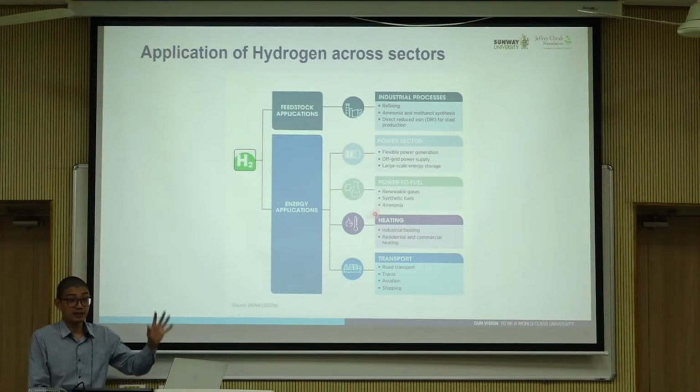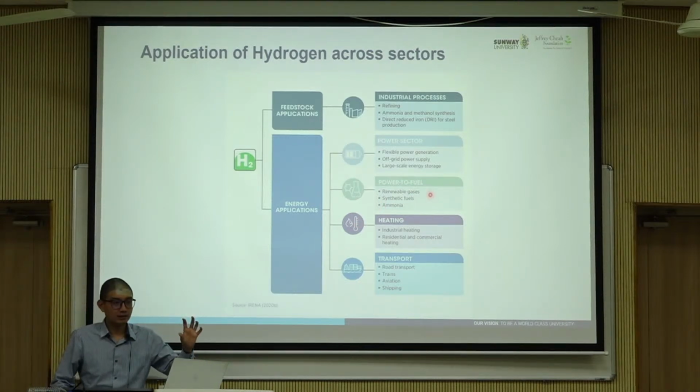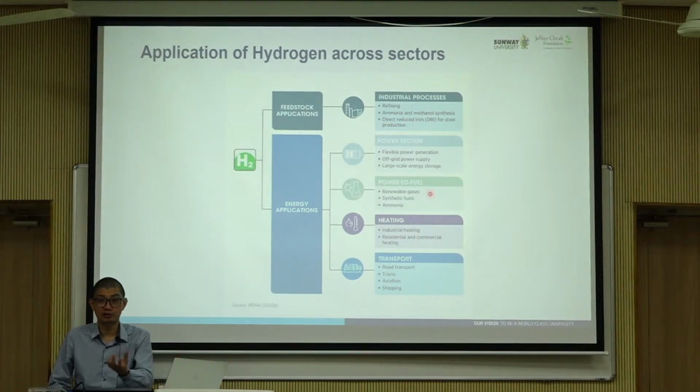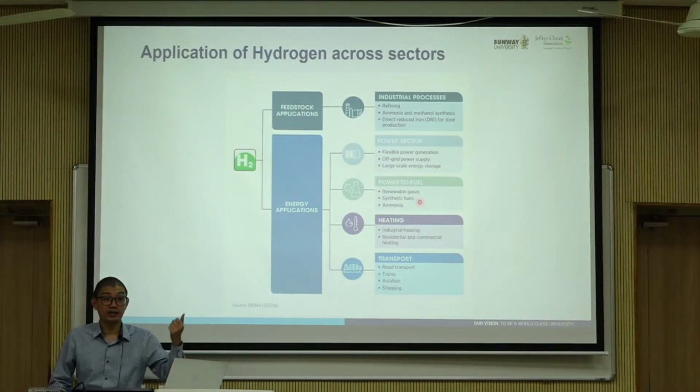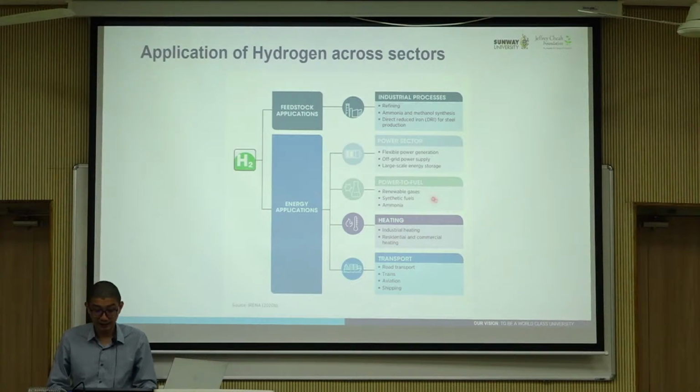That's what I mentioned, because if we store hydrogen, storage might be one of the problems. Storage and also transportation are problems. It can be stored in another form. So currently, people tend to store the hydrogen in what form? Ammonia, methanol, or other types of fuel. After that, when they want to use it, they convert it back, or they can use it directly.